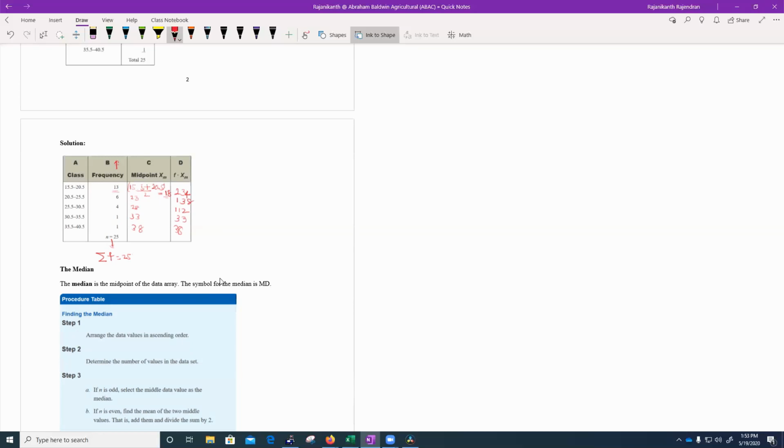If we add all the frequencies, you get the total number of data values. That is my frequency column. Now add the total from the f times xm column. Check your calculator and add these numbers. You should get 555.